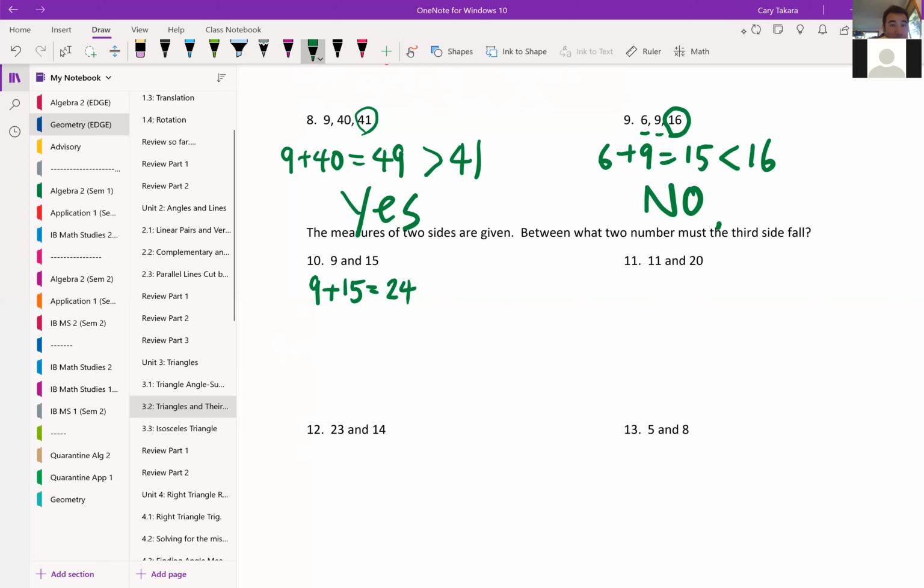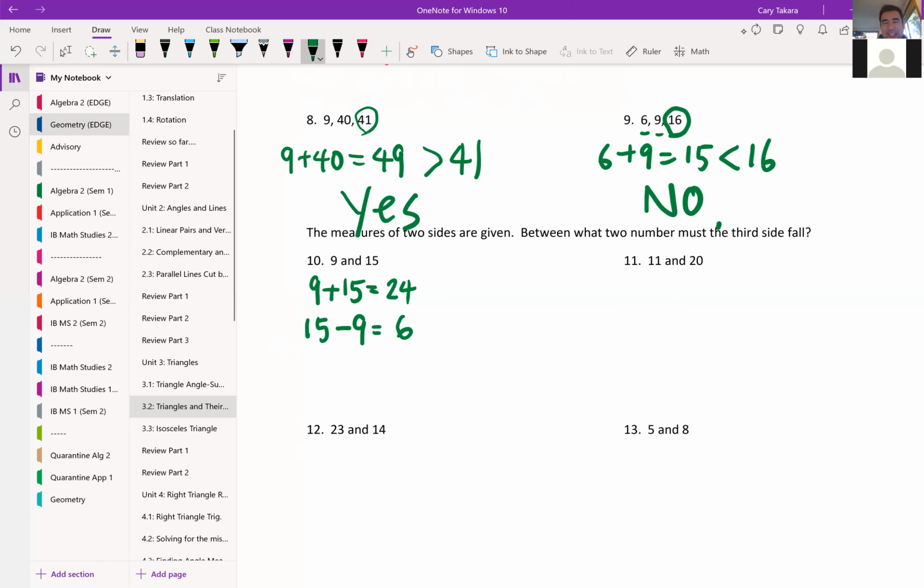Now, how about the lowest number that you can go to? For that number, what do you have to do? You're going to subtract, find the difference, and you just pick the bigger of the 2 first. So 15 minus 9, so that the answer will be a positive number. 15 minus 9 will be 6.